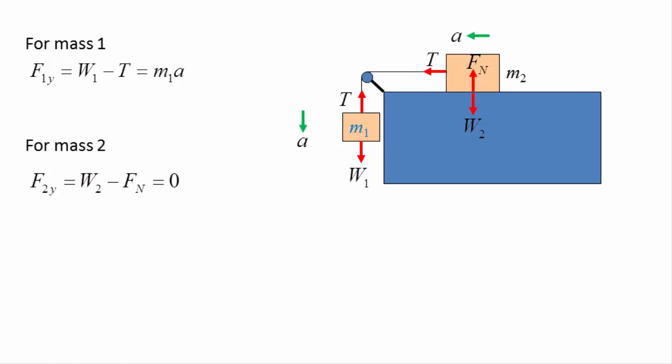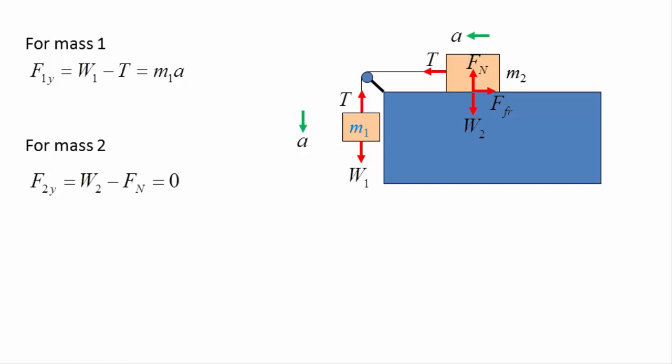So if there's acceleration to the left, then what is the direction of friction? If there's an acceleration to the left, then the friction between mass 2 and the surface will try to oppose the motion by applying a resistive force in the opposite direction, that is, to the right. Since we expect any movement will be to the left, let's call this direction positive.